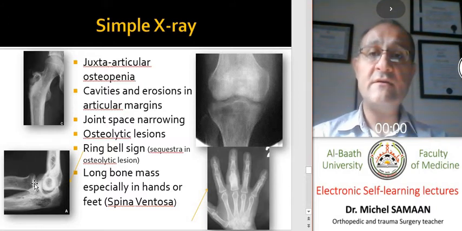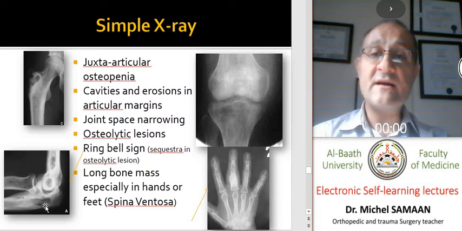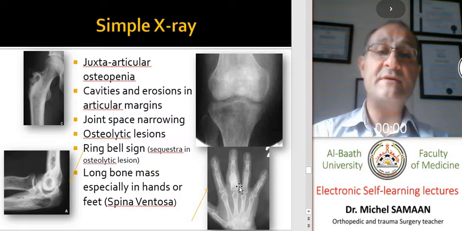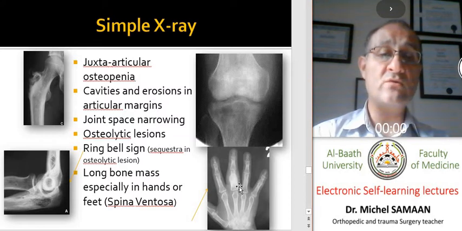As we see here, the ring bell sign indicates the presence of sequestra inside the cavity of osteolysis, and spina ventosa appears in the small long bones, as in the phalanges of the hands.